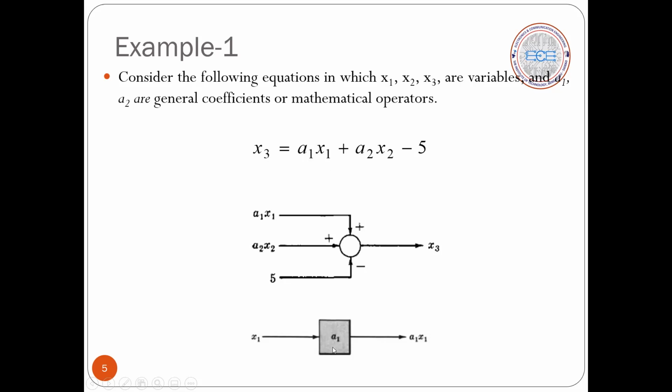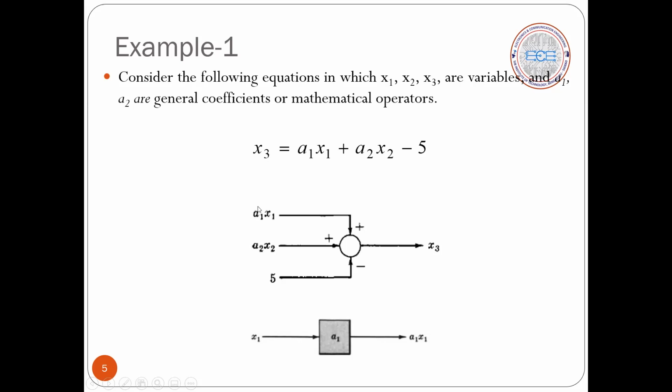Now further we can say that instead of multiplying the variable by a constant directly, I can make this variable pass through a very simple block which gives a gain a1, and here you will get a signal a1 times x1. We can extend this directly. Instead of feeding the variable multiplied by a constant directly to the summer, we can have more elaboration here.